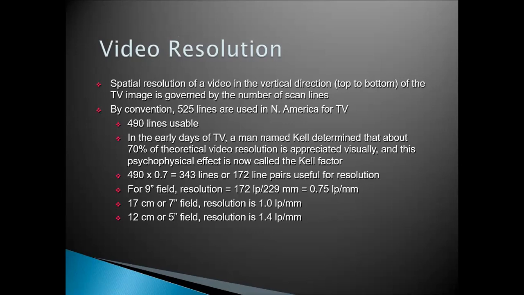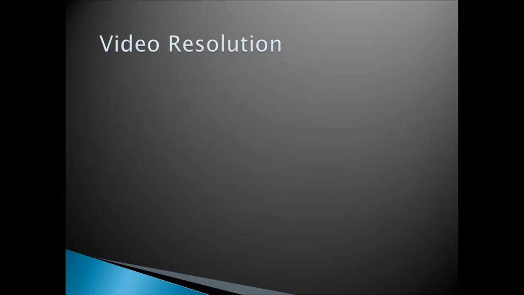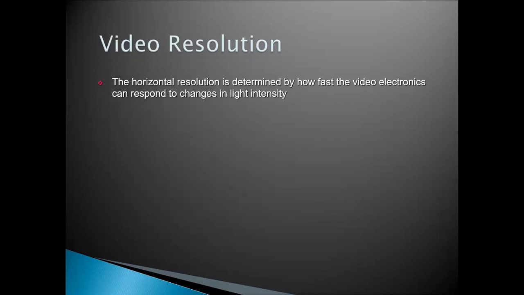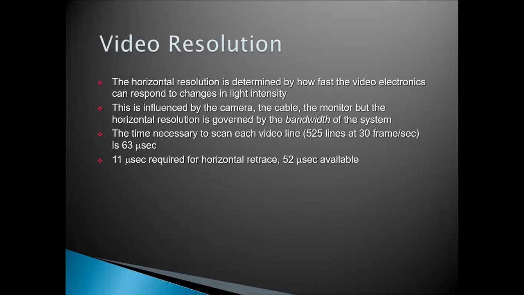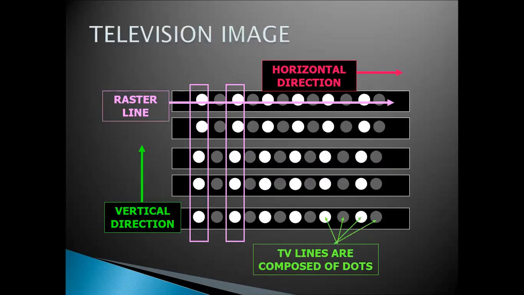The more scan lines used to scan an image, the better the video resolution in the vertical direction. So we have that. I also looked at how the image is formed on the screen. It's formed in a kind of raster line.